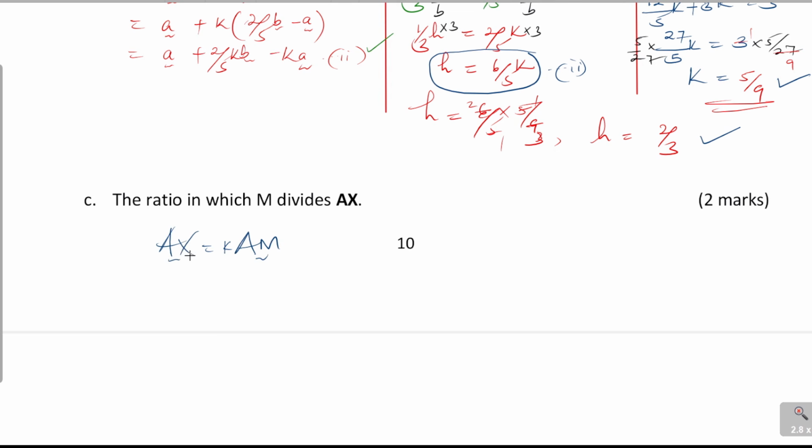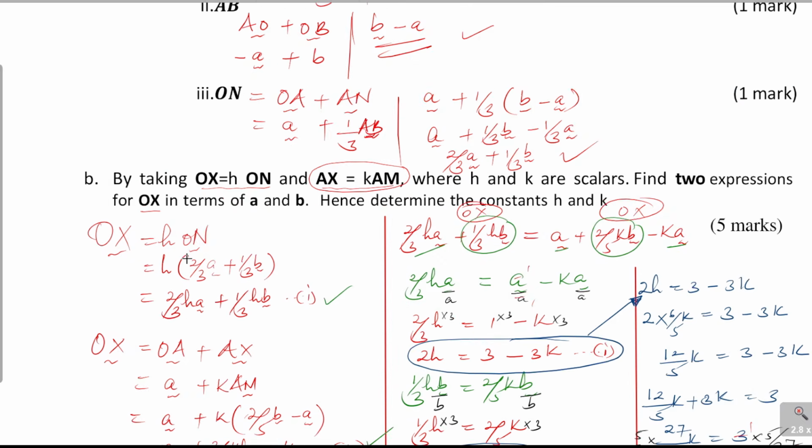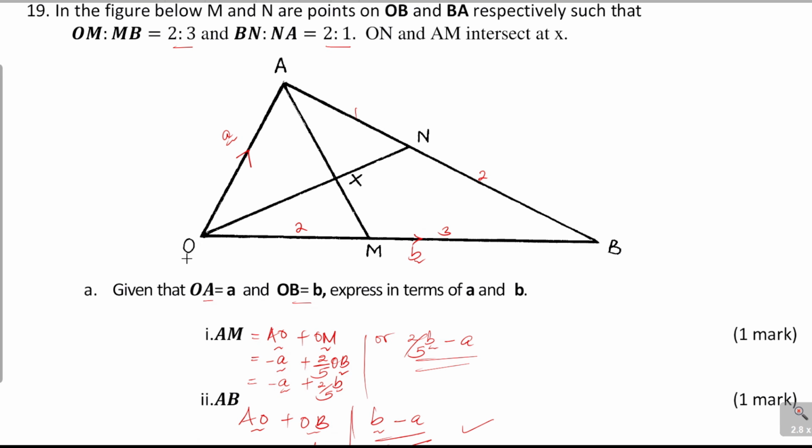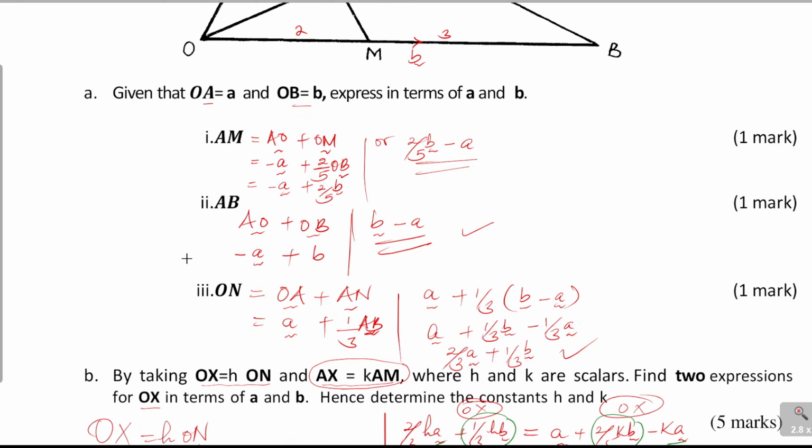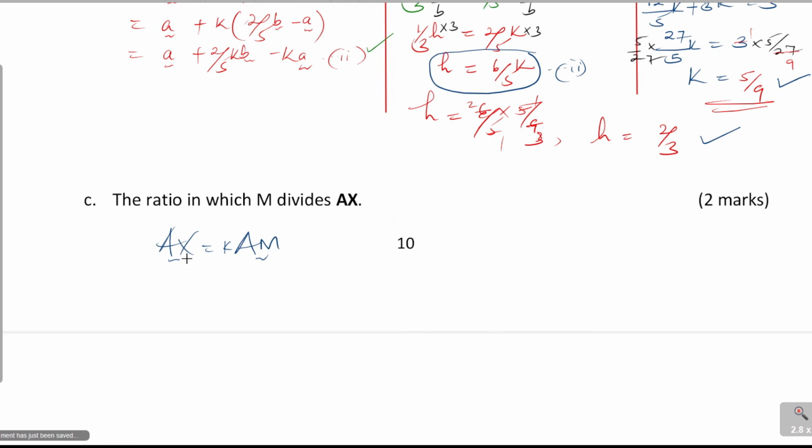Now, since we already have the value of k, when we insert that value of k that we got, ax is equals to 5/9 am.